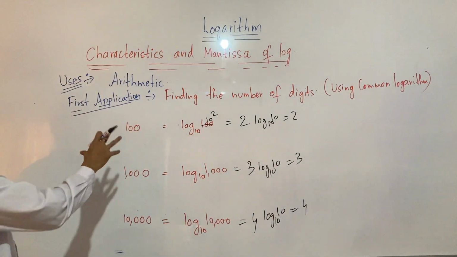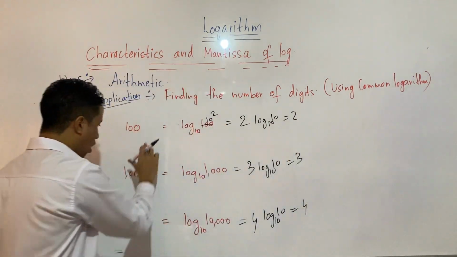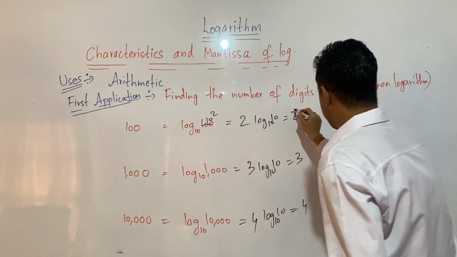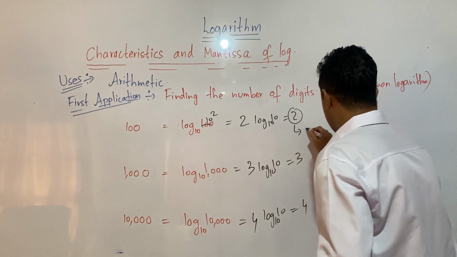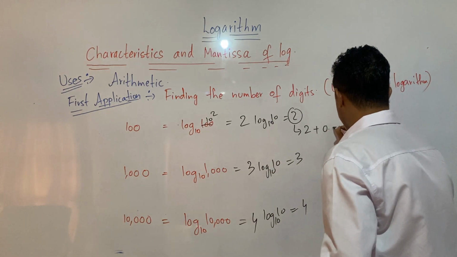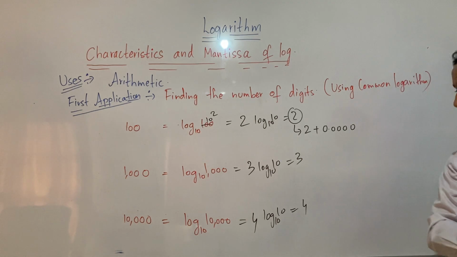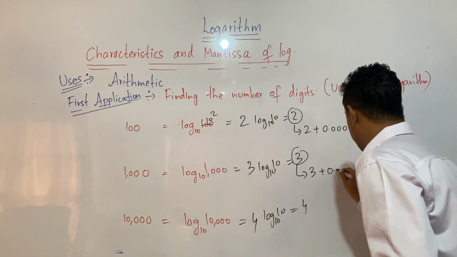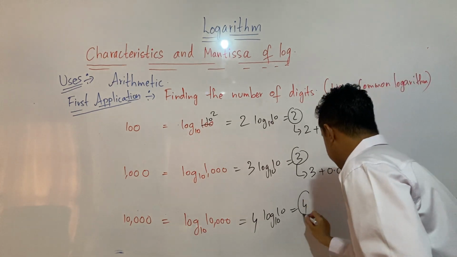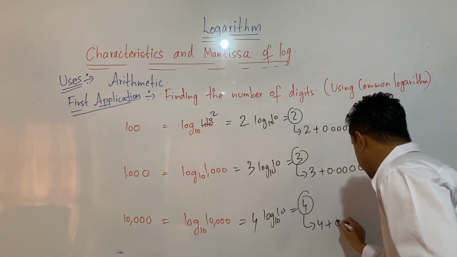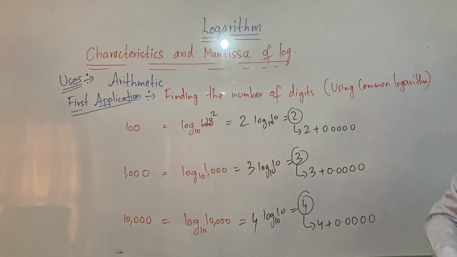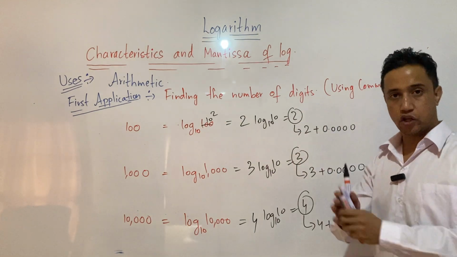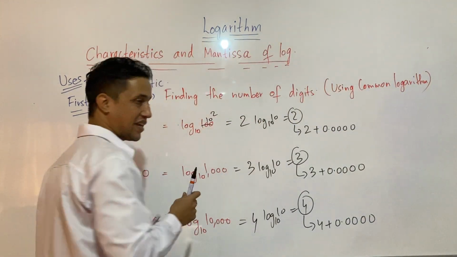If you look at the log values of all these three numbers, can I represent this log value as 2 plus 0.0000, this one as 3 plus 0.0000, and this one as 4 plus 0.0000? I just want to represent the log value as a combination of characteristic and mantissa.